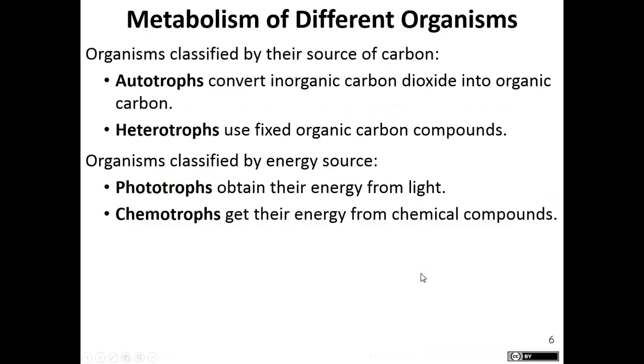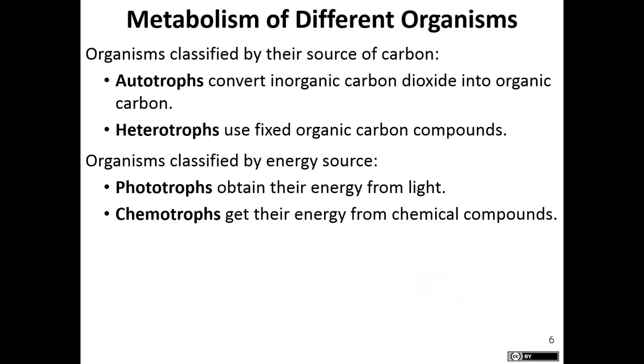So organisms are classified by how they gain their carbon as well as how they gain their energy. So we have autotrophic organisms that gain carbon from inorganic carbon like carbon dioxide.